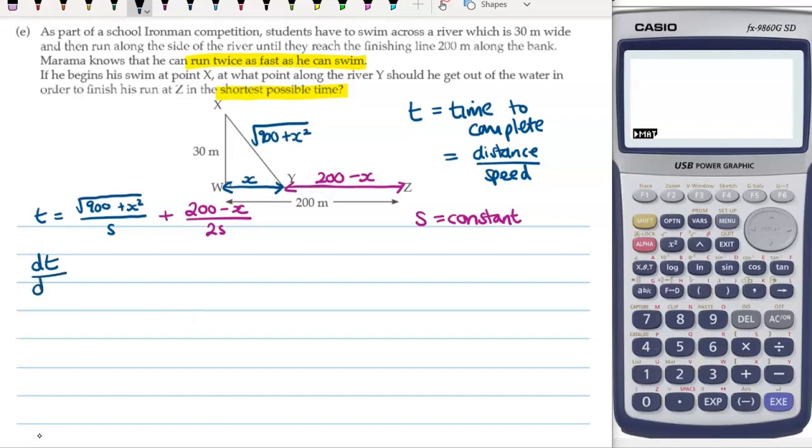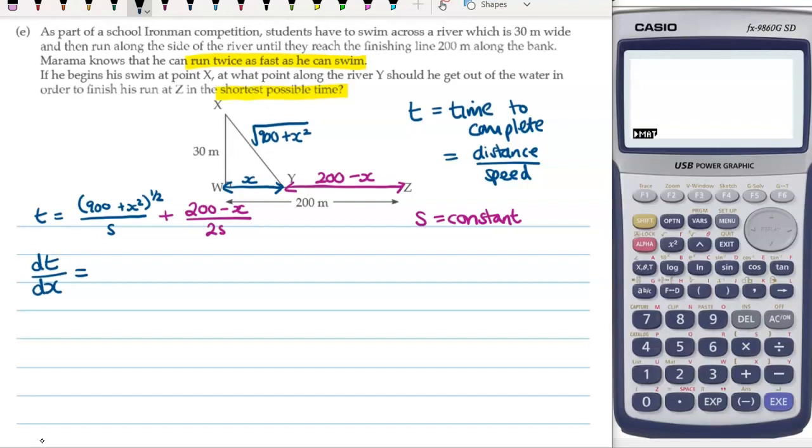We can do dt by dx, thinking of s as just being a constant we don't know at this stage. If I rewrite this one to the power of a half, that makes it a little easier for me to see the differentiation that we're doing.